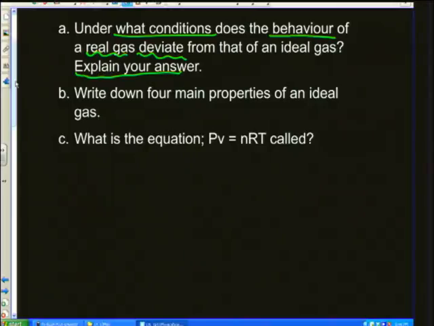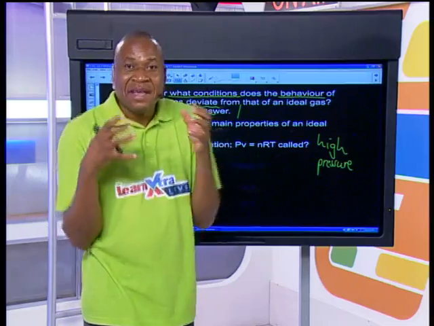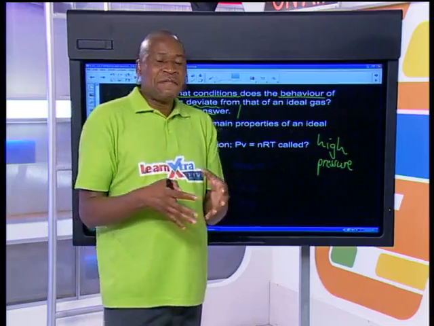We said earlier on that when you have very high pressure, you are bringing the molecules very close to each other such that the intermolecular forces between them become effective.